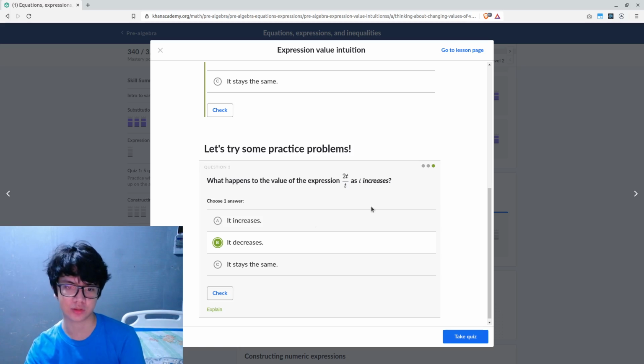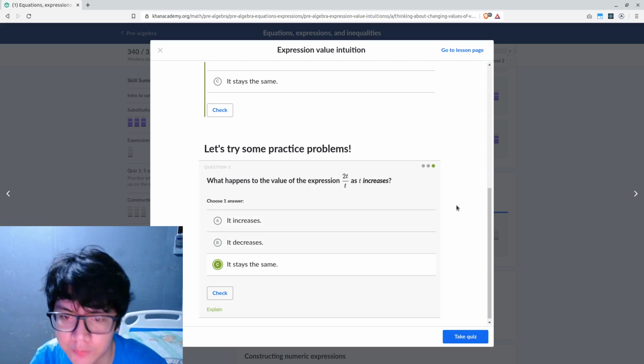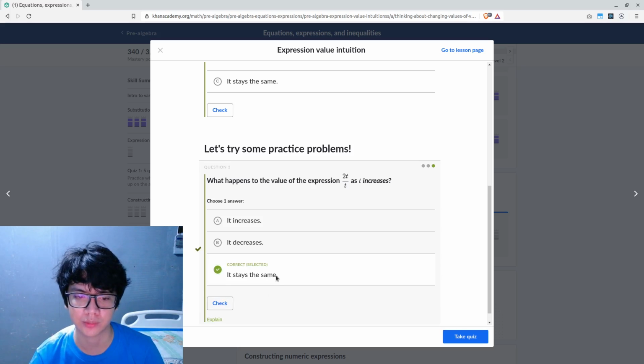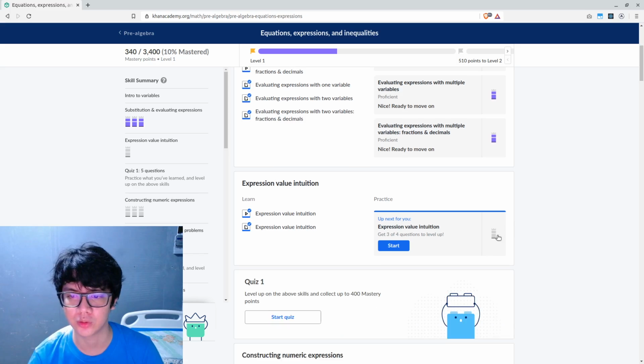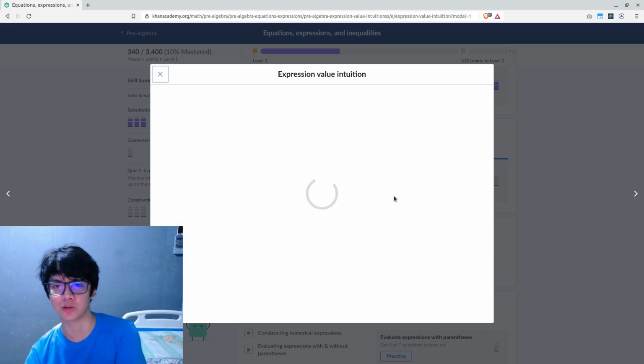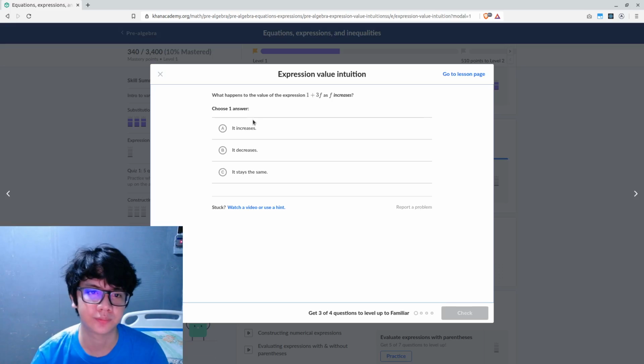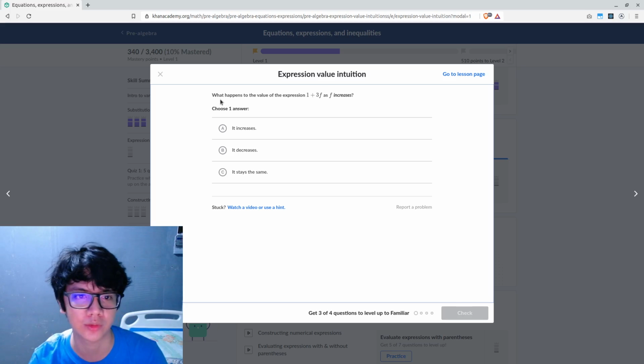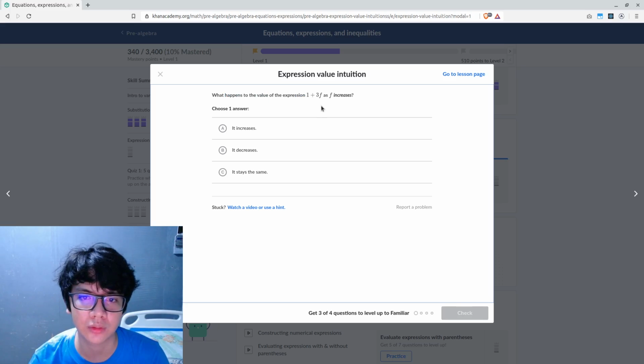It's just the same. If this is 2, then 4 divided by 2 is 2. If we have 3, 6 divided by 3. Okay. Check. Cool. Not going to do the quiz first, let's do this expression value equation. That makes sense, we just cancel it out.